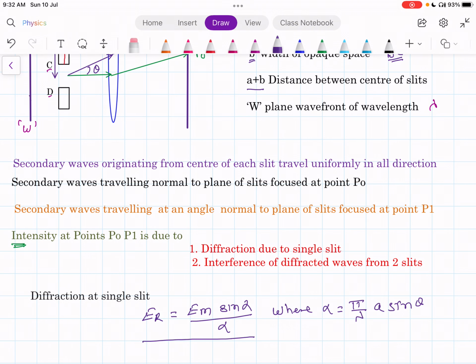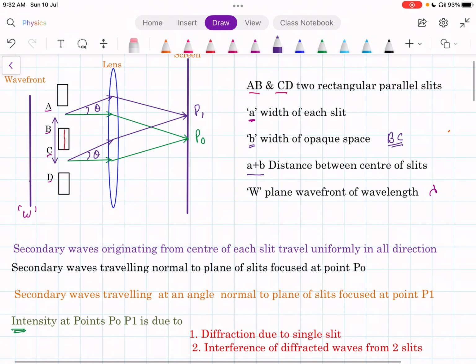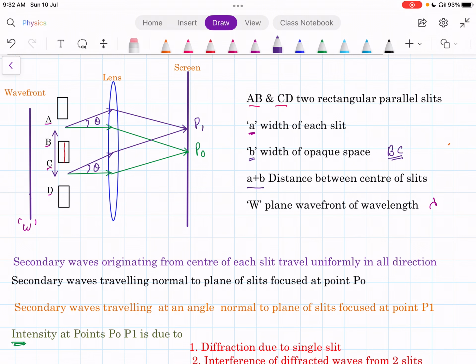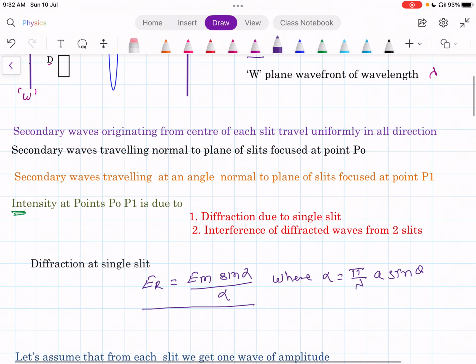So in this case, we are going to assume that there are two slits, and from each slit we get one wave in a particular direction whose amplitude is nothing but Em sin alpha upon alpha.